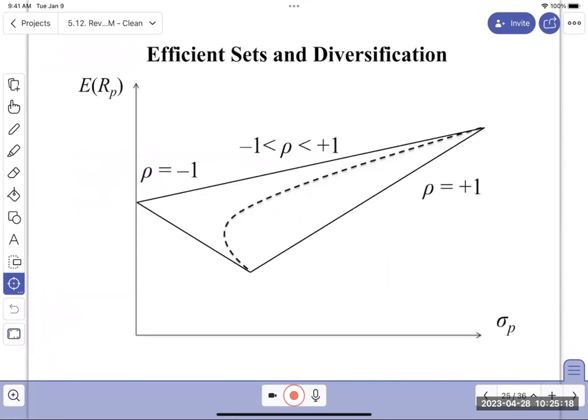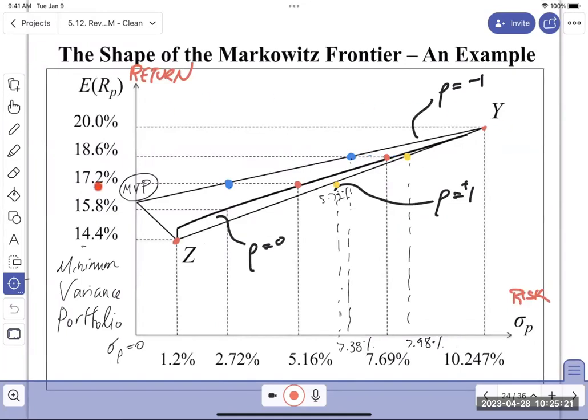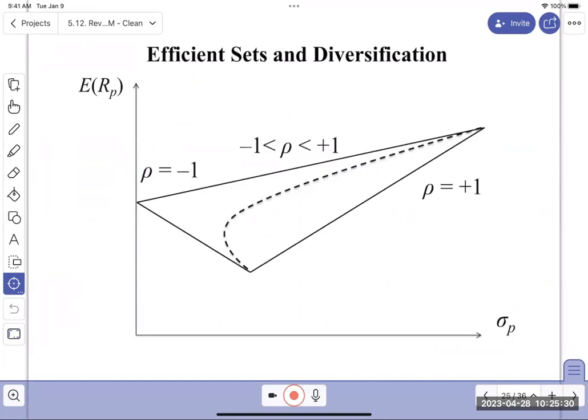All right. So what does this do? In summary, you could do a lot here, and this is all programmable. It's all doable. If you guys had a weekend, you could put it all into Excel and do this if you had to, if your life depended on it or a test depended on it. But in general, you're going to always get this shape. If two assets, a risky one relative to a less risky one, were plotted with the measure of risk here and the measure of return here, the one with negative correlation would be all the way back to completely diversify risk.